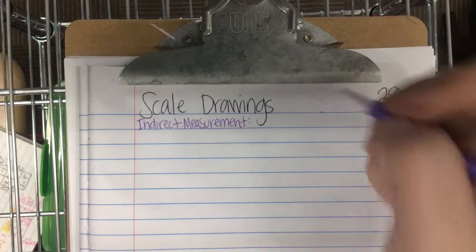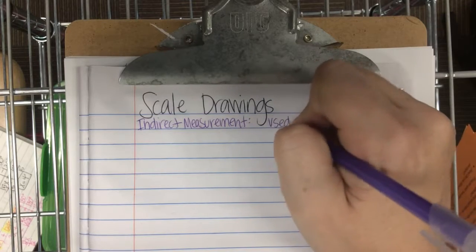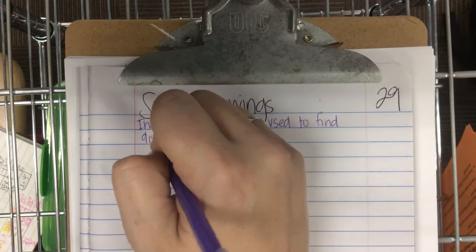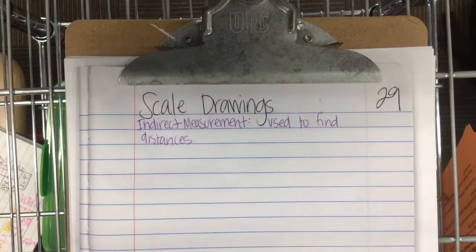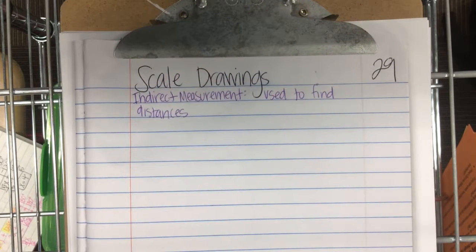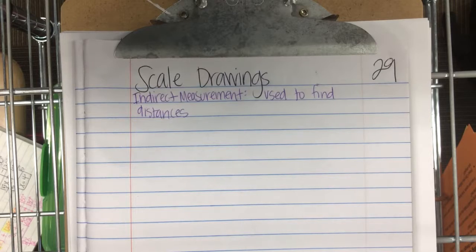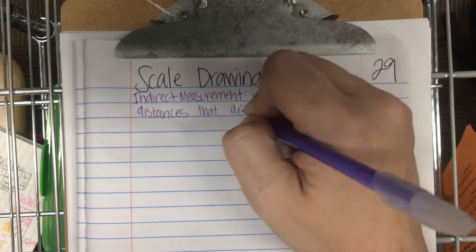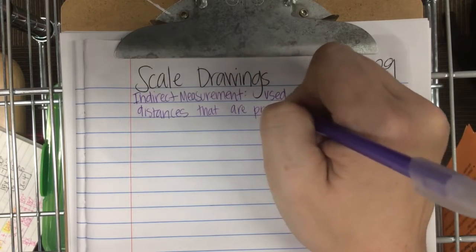Indirect measurement is used to find distances that are proportional.